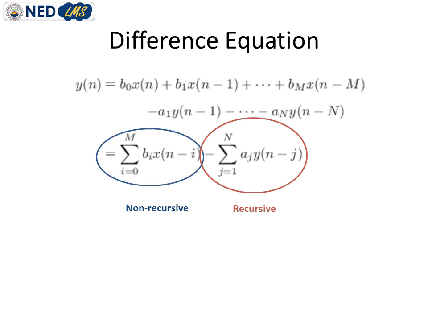Or individually, we can denote each coefficient: y of n is the current output, a of j is the output coefficient, b of i is the input coefficient, and a of j and b of i, the output coefficient and input coefficient respectively, can be collectively called the system coefficients.